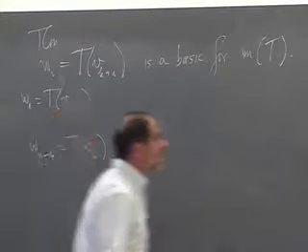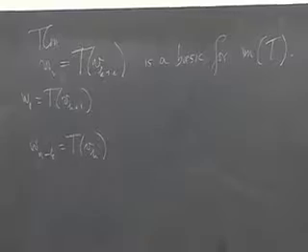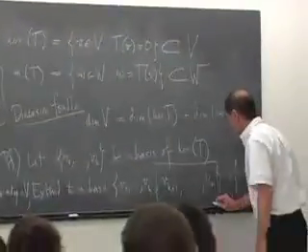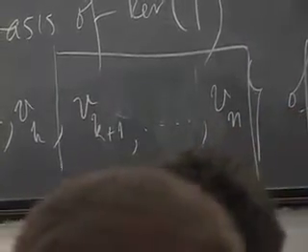So if you take the image of these remaining basis vectors over here, and you call this w_1 and this w_2, etc., then that's a basis of the image.